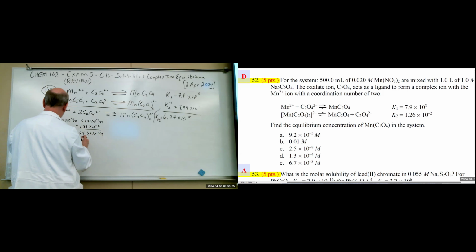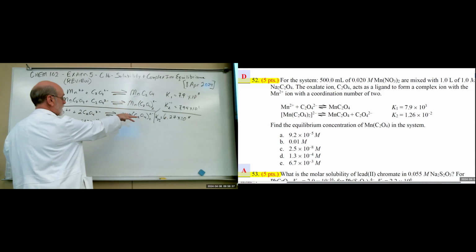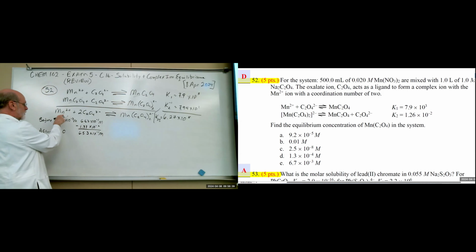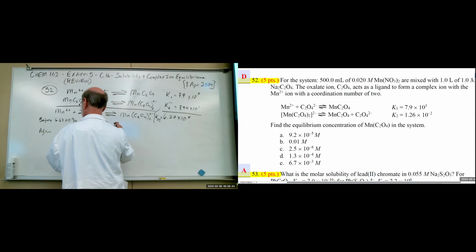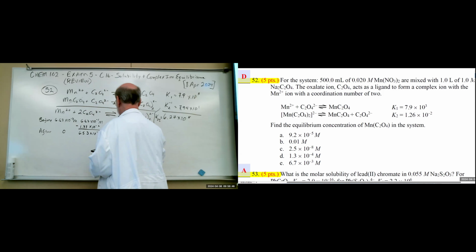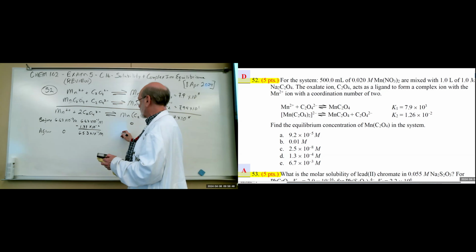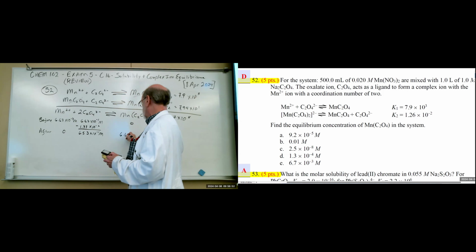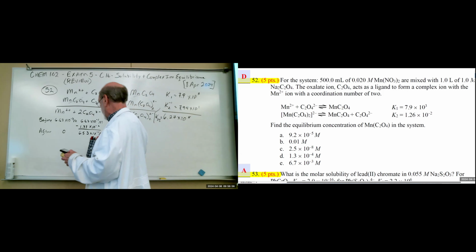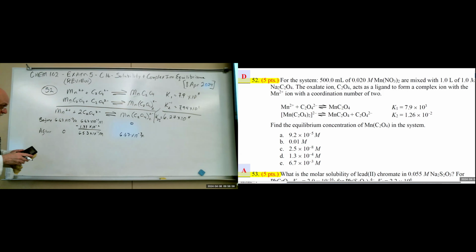All right, that's after. Now, what do we have over here? For every one of these, you get 1 of those. So over here, after, I have to start with 0. Then after, we're going to have the same value that we left over here. Okay, so those are the initial concentrations.